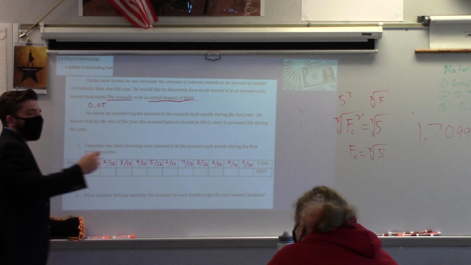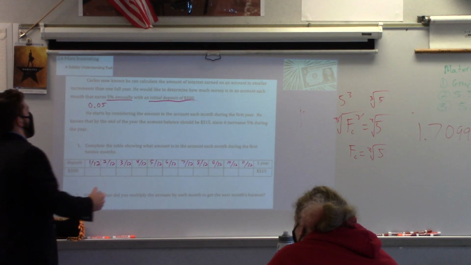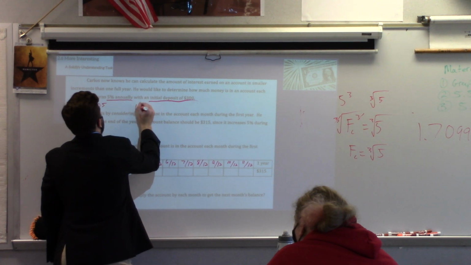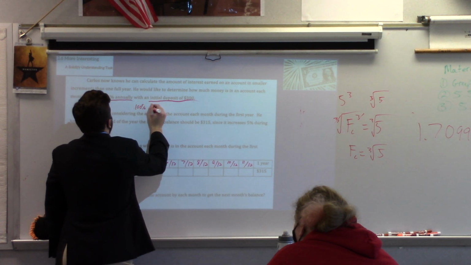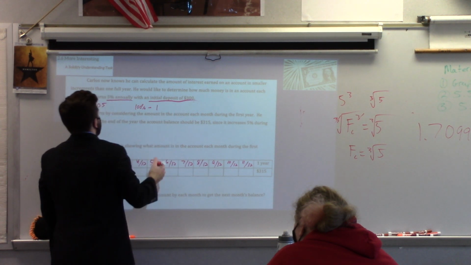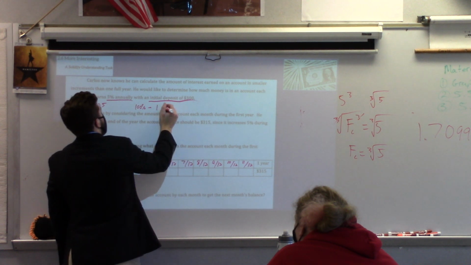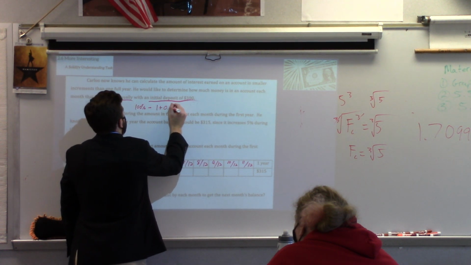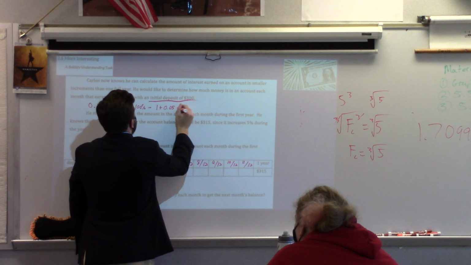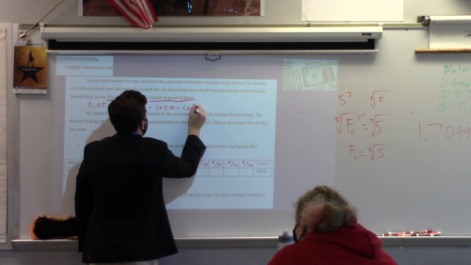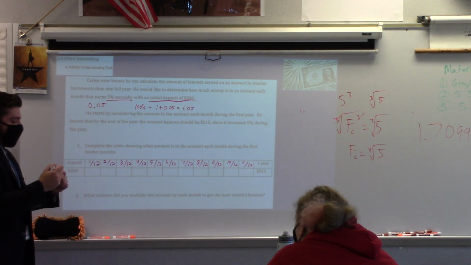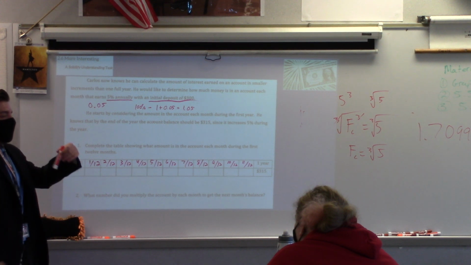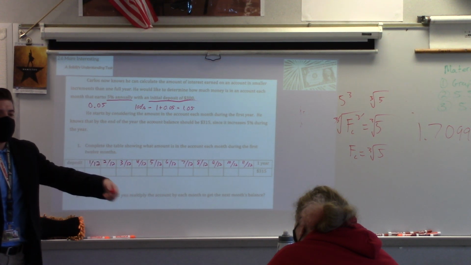So when you are earning 5%, that means you already have 100%, which is the same thing as 1. And when you add 5% to that, you are adding that 0.05. So in reality, there's this 1.05. That's what it means to earn 5%.